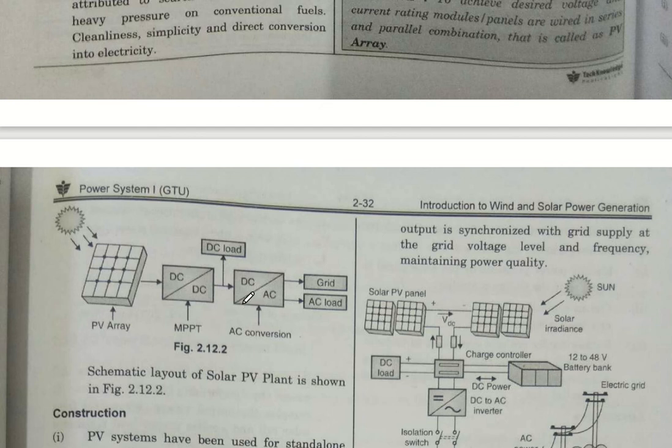It will convert my DC into AC, and then we can supply this AC power to the grid or AC load whenever you want to send. Okay, so we can use it as standalone as well as grid. You can see here we are using it as standalone for AC load, and then we are using it for connected grid.